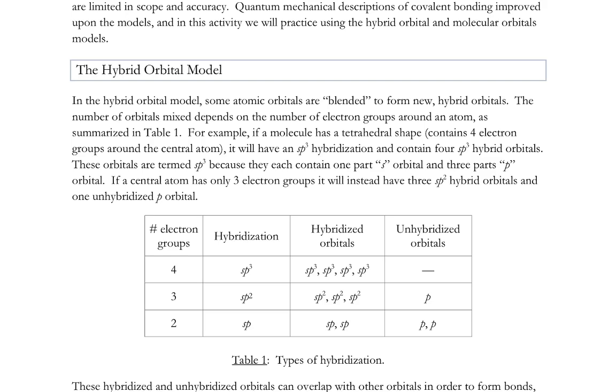When we have 2 electron groups, we need 1 s and 1 p for the hybrid orbitals. We make 2 sp hybrid orbitals. We have left over 2 p atomic orbitals that are used to make 2 pi bonds.